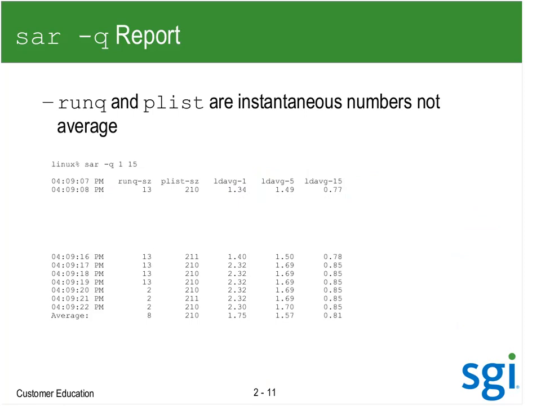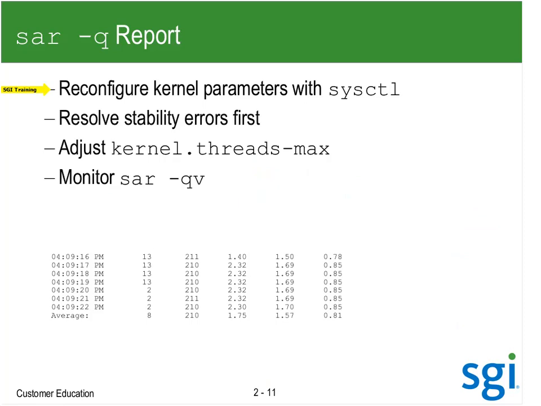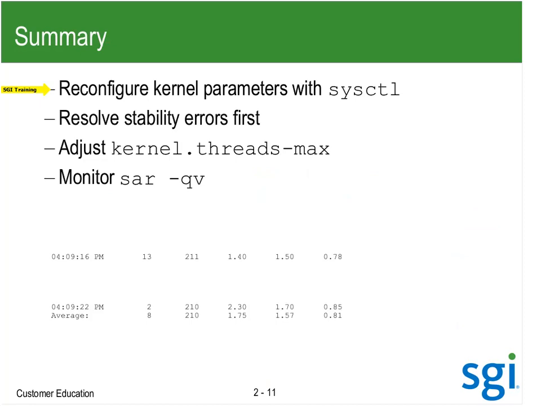So, your lab, I want you to play with Sysctl parameters. I need to resolve stability issues first. That's why I did that. I looked at var log messages and I changed that NMI panic on an unexpected NMI. And in lab, you're going to play with threads-max and also play with sar -qv. In lab, there will be this mystery script.